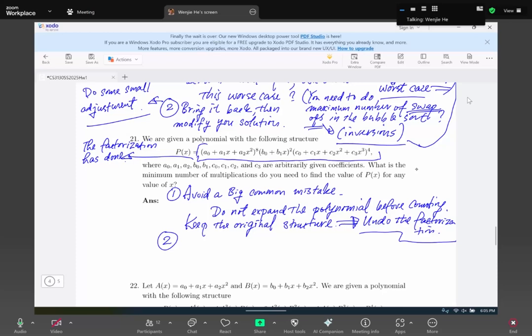When they counted, they forgot to use Horner's rule. Okay? When you count the number of multiplications, inside each parenthesis you need to apply Horner's rule. So the second is, don't forget to apply Horner's rule.